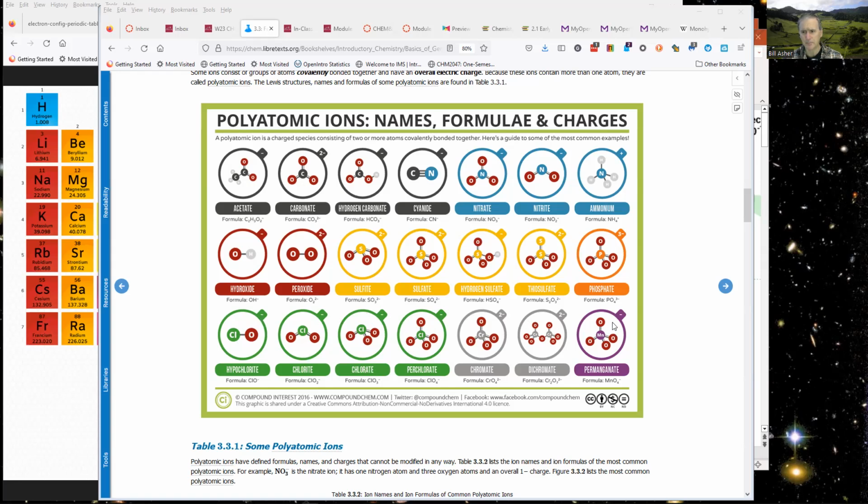Chromate, dichromate, permanganate. Learn these names and these formulas and what they look like, because a lot of the problems will have these in them.